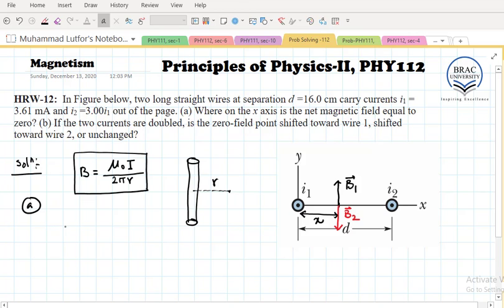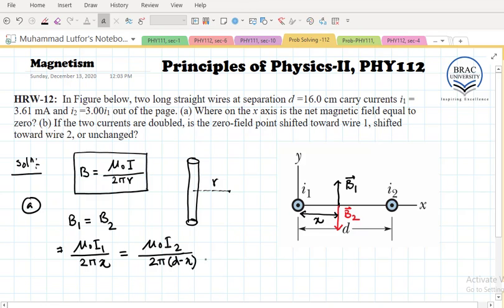We assume that, so we can write that the magnitude of B1 must be equal to the magnitude of B2. B1 is mu naught I1 divided by twice pi x, where x is the distance from wire 1 to that point, and it must equal B2, which is mu naught I2 divided by twice pi times d minus x.